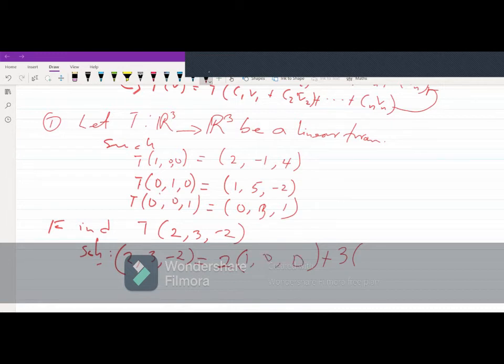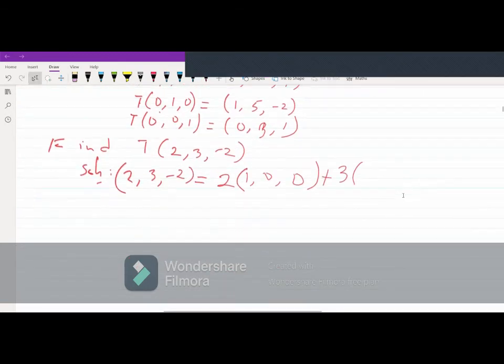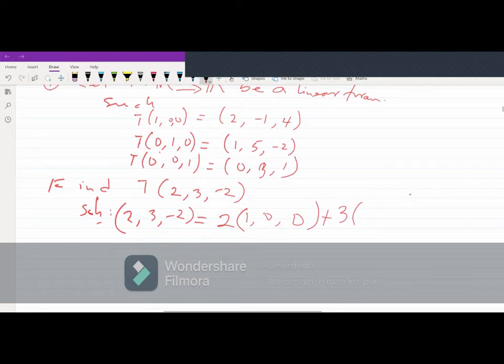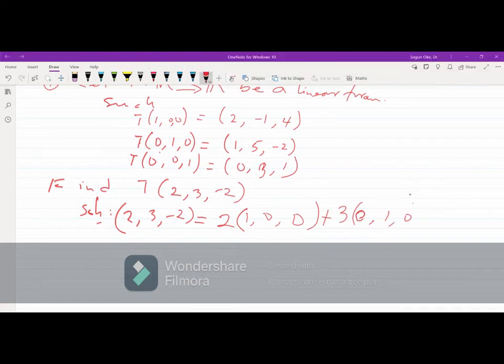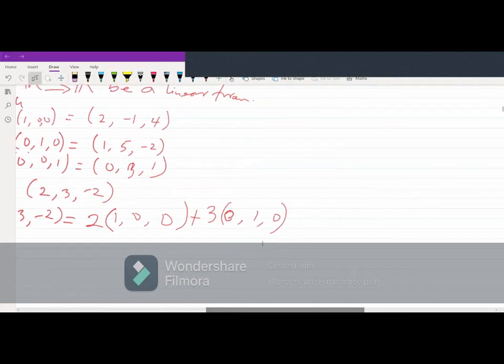Then the second one will be (0, 1, 0). And the third one, you see, is negative, minus 2 in brackets, (0, 0, 1).